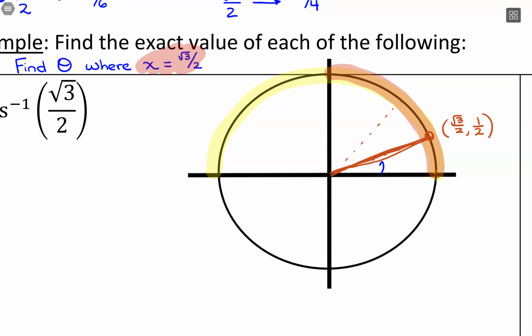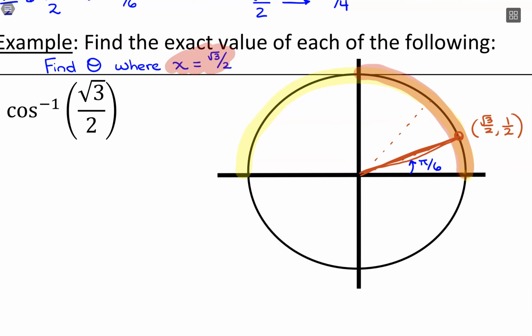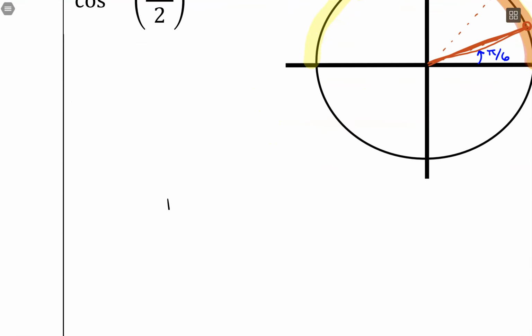So that measurement, we go from standard position up to that value, and that's pi/6. So this inverse cosine of √3/2 is equal to that angle measurement, which is positive pi/6.